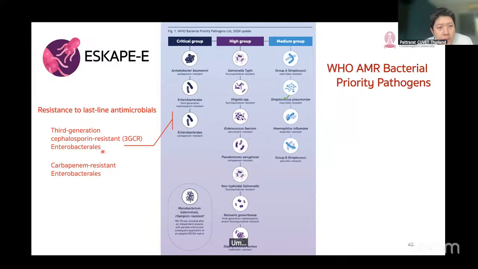They are members of Enterobacterales and associated with nosocomial infections, and develop resistance to last-line antimicrobials, including third-generation cephalosporins and carbapenems.